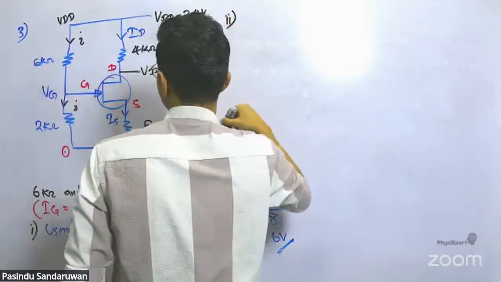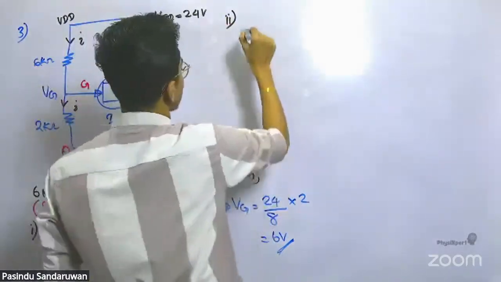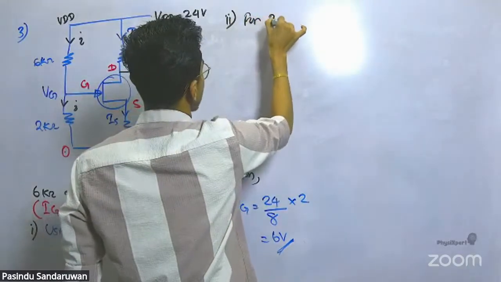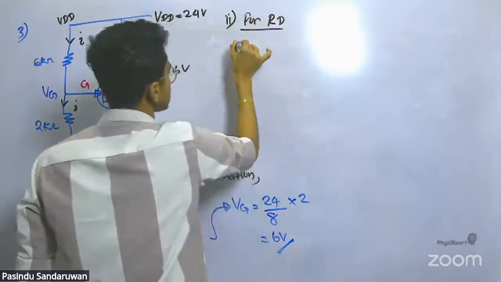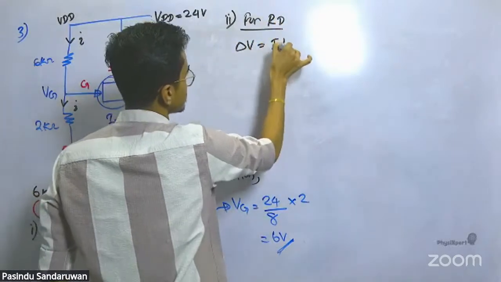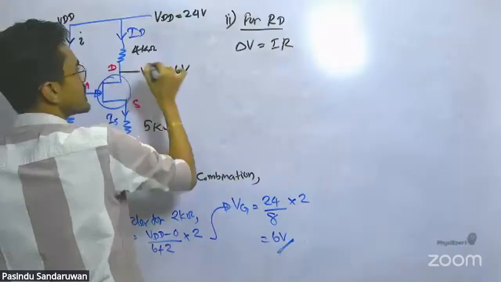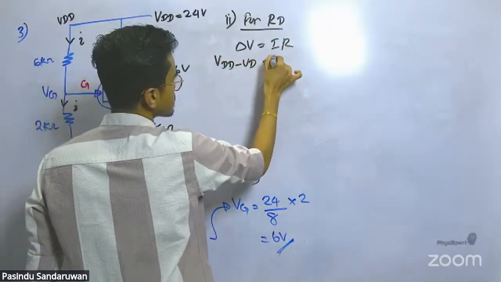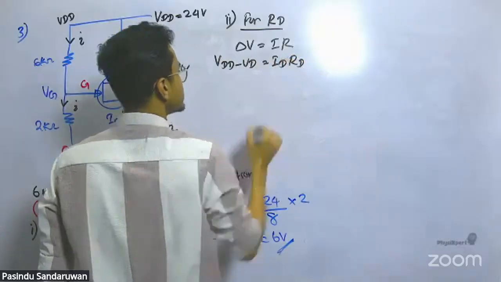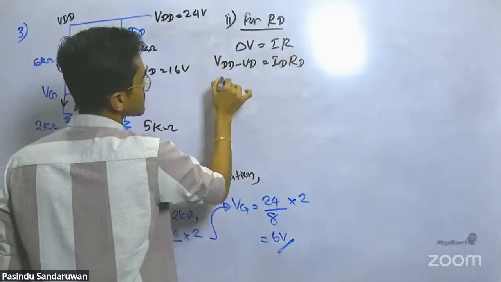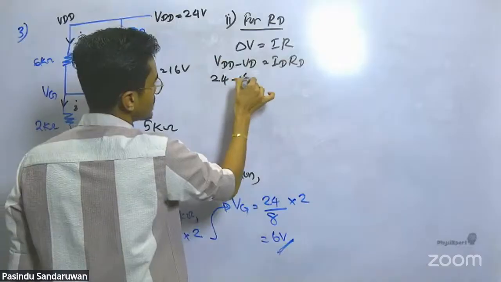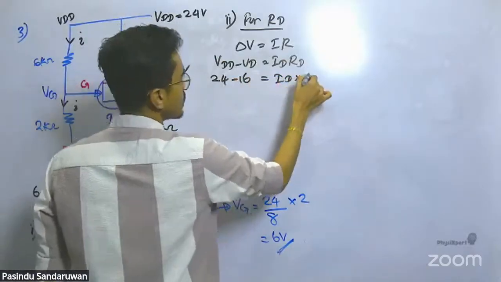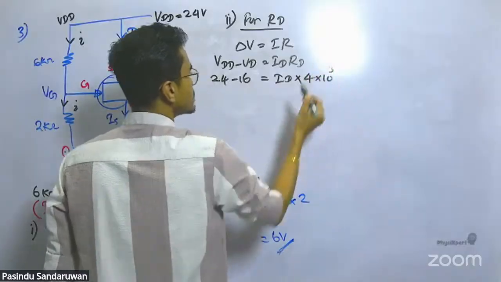Second one, ID. To find ID, apply delta V equals IR, because I have 4 kilo ohms for RD. VDD minus VD equals ID RD. Then 24 minus 16 equals ID times RD, RD is 4 times 10 to the power 3.